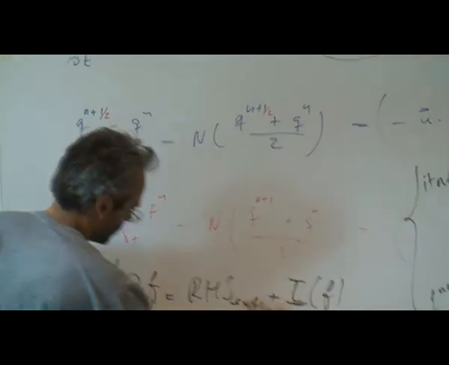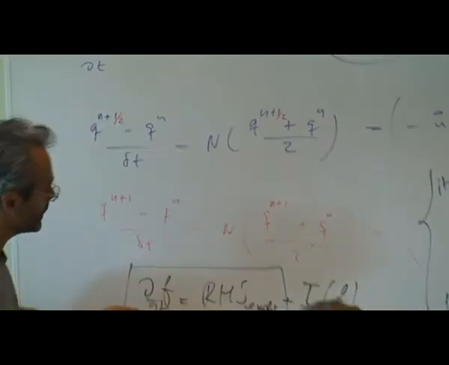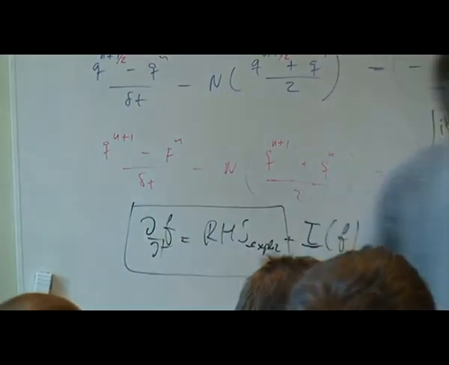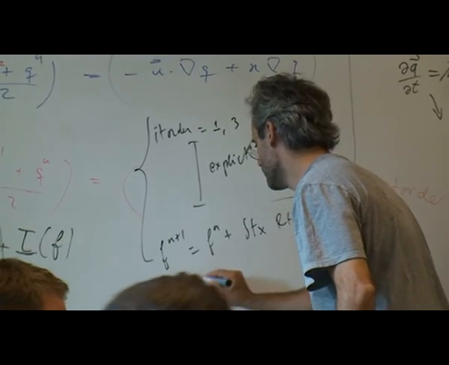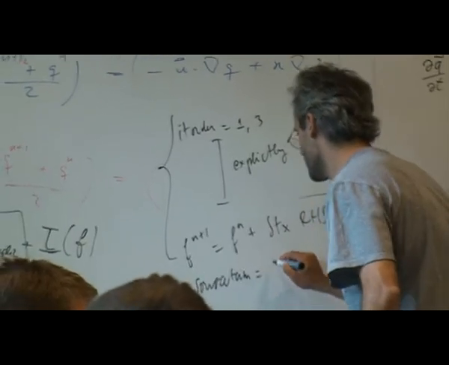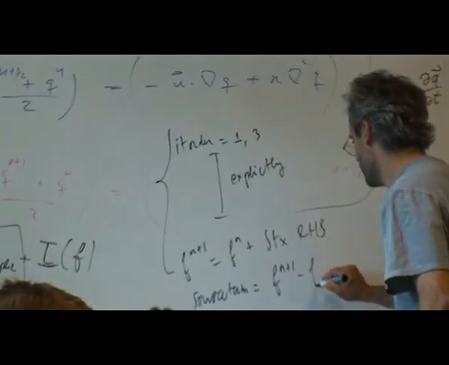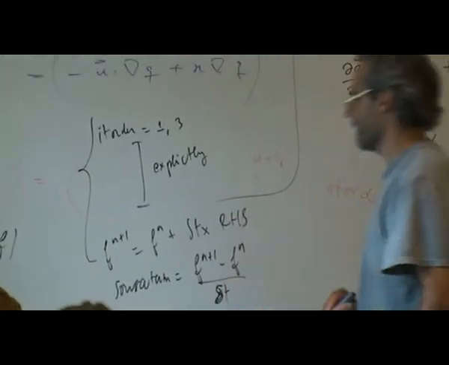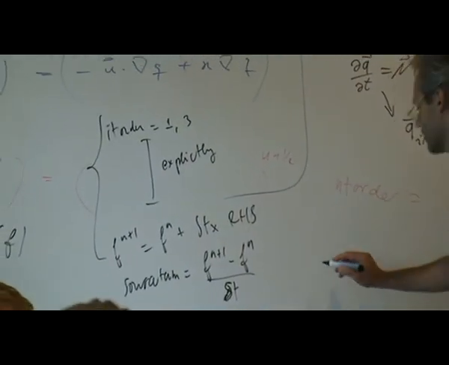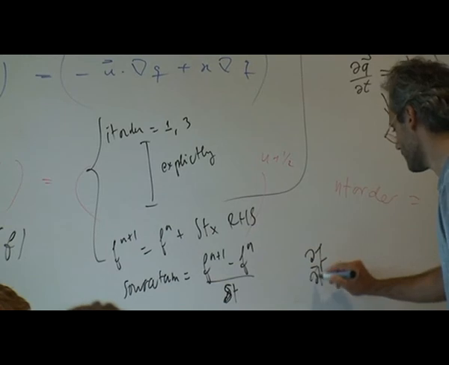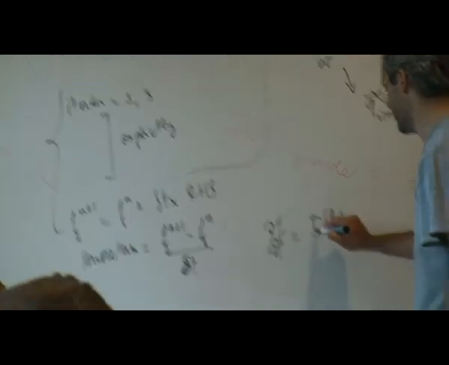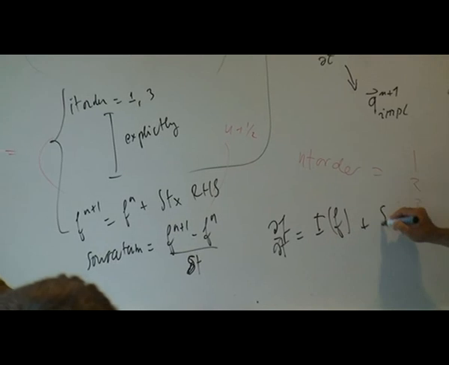So you did that explicitly in the time step subroutine, and then once you arrive here, you compute a source term, which is F n plus 1 minus Fn divided by delta t. Okay? And then you solve this equation, so implicit plus source term.